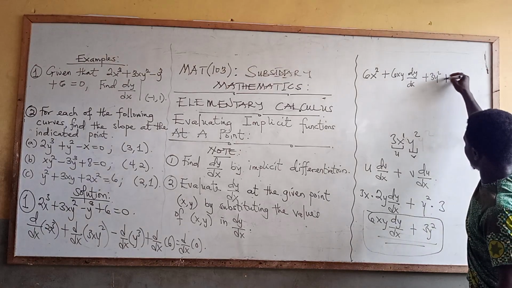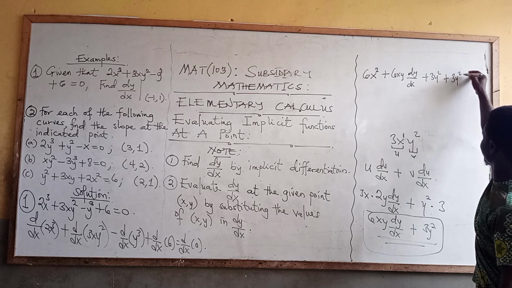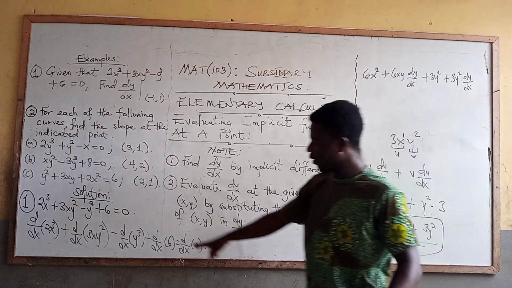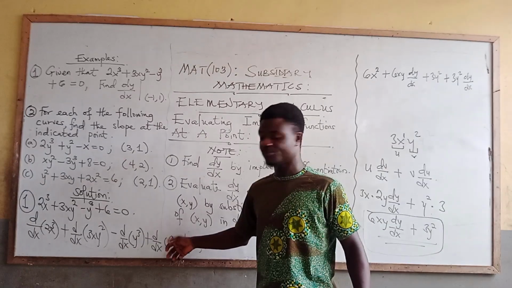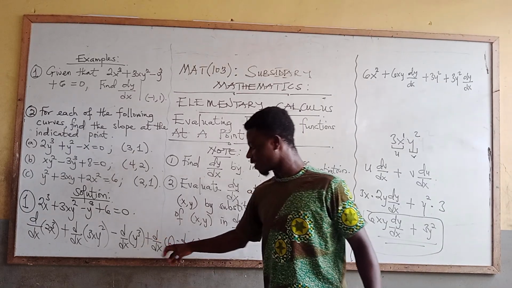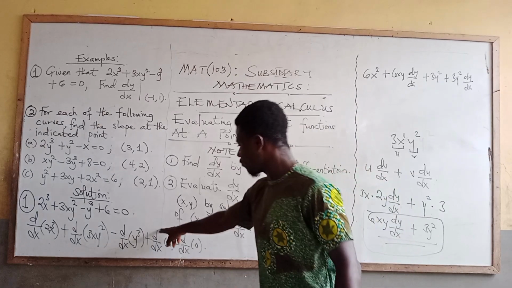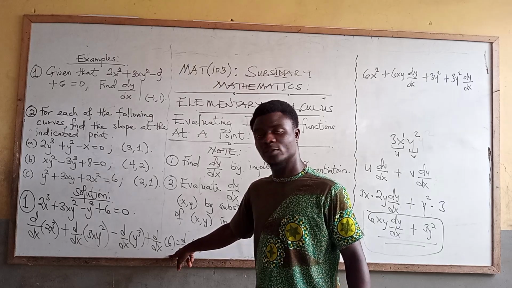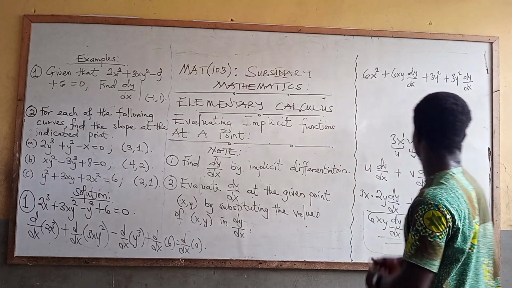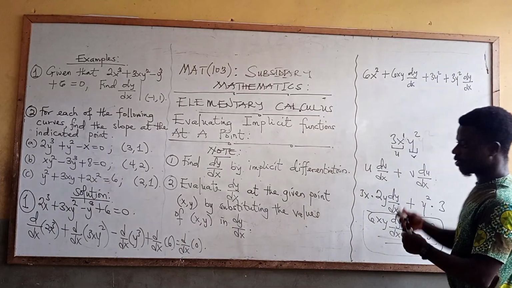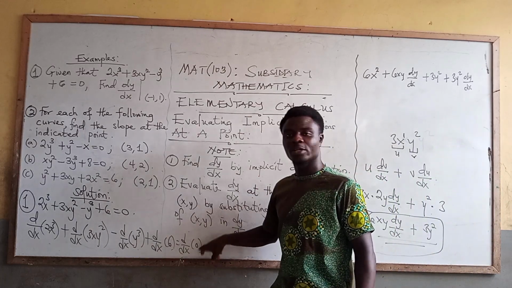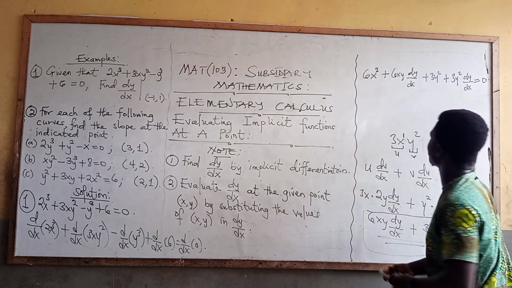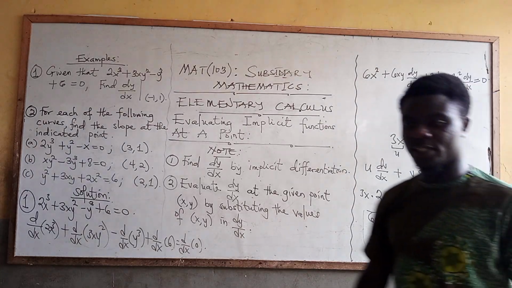So we get minus 3y squared dy/dx. Then when you differentiate 6 with respect to x, we are differentiating a constant. There is no x term here. So we are differentiating a constant with respect to x, we get 0. Which must be equal to the same constant, 0. So we equate it to 0. It's still 0. So we have this.